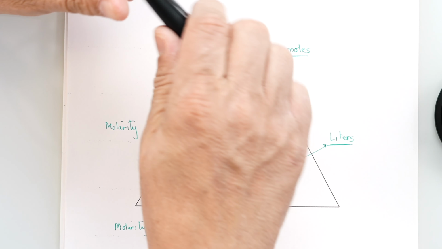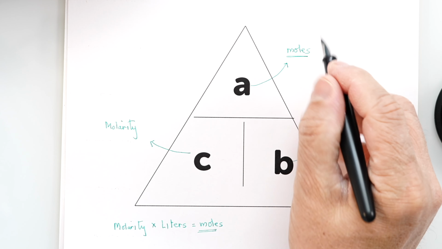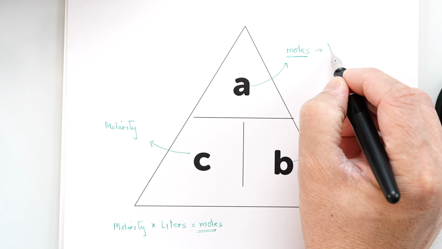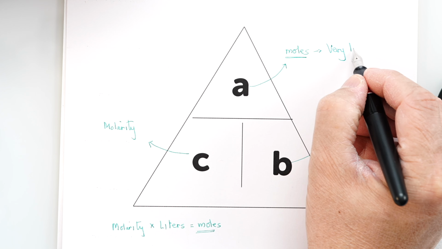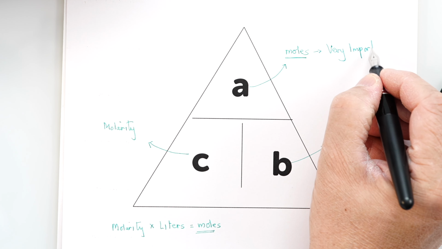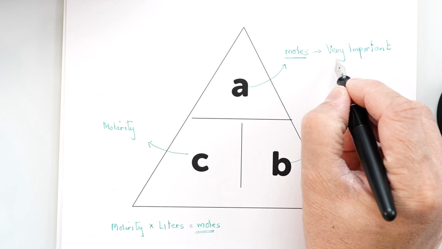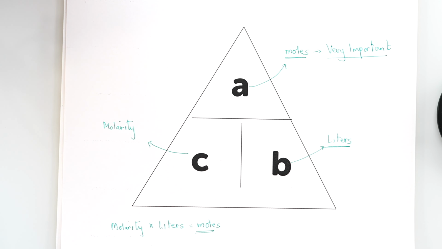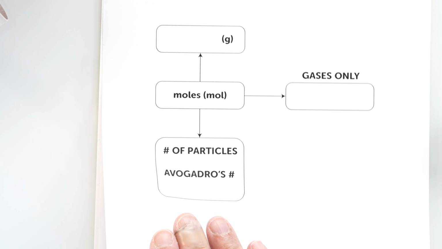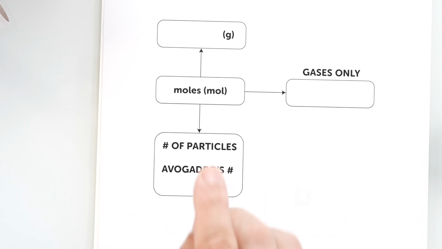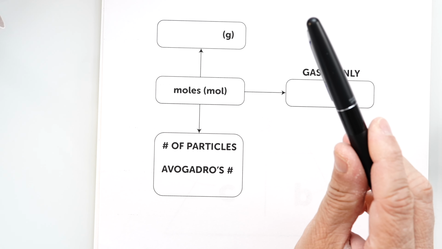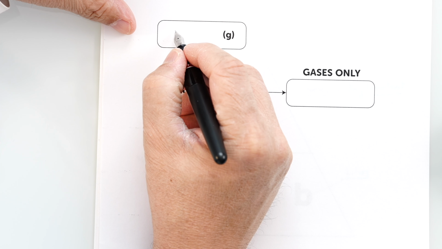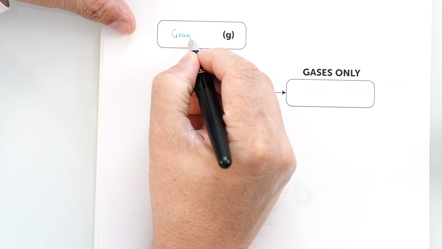Okay, so I mentioned that moles are a very important component of all of this, and I'll tell you why in a second, because this is very important. So let me bring you this amazing graphic to talk about that. Moles lend themselves to solving for grams. From moles, you can calculate the grams.